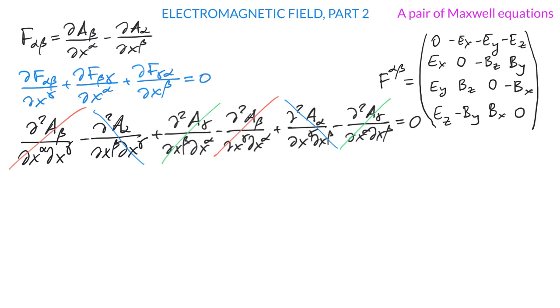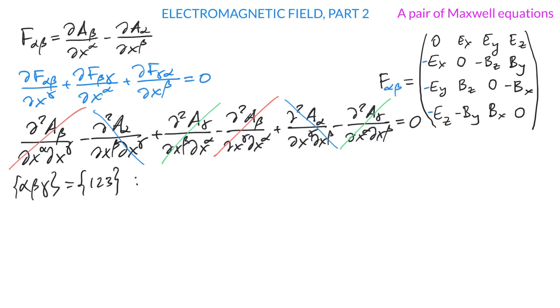So let's try to parse it. We have four different combinations of alpha, beta, and gamma. Let's start with the one for which alpha, beta, and gamma are all space-like. So it's 1, 2, 3. Now, because the indices in this expression are covariant, we need to change the sign in our F tensor here. So I'm going to do it now.